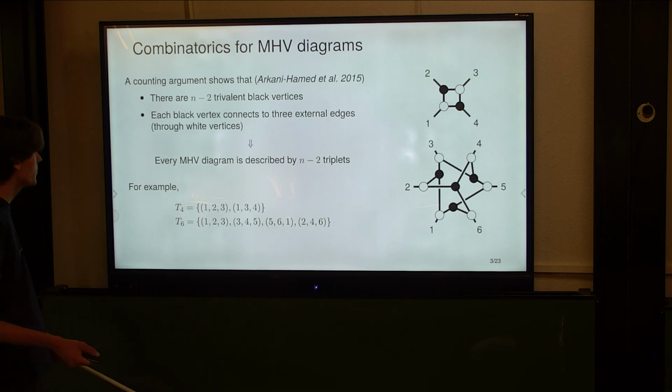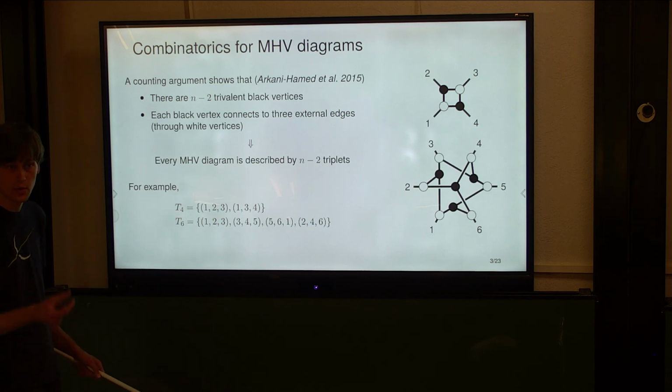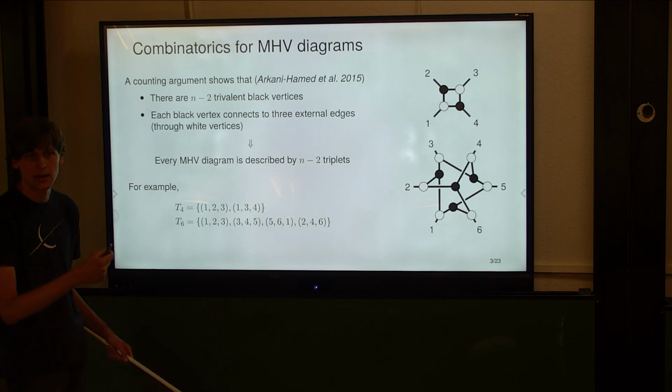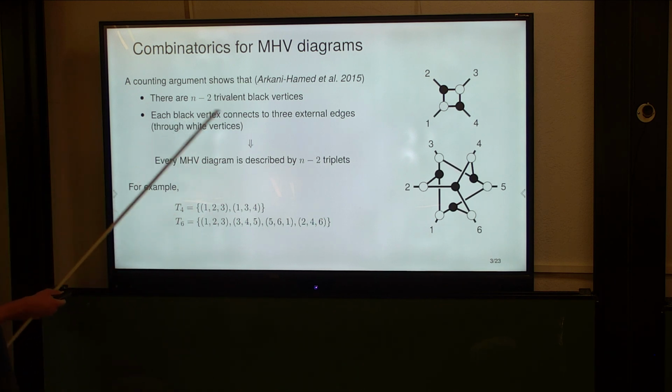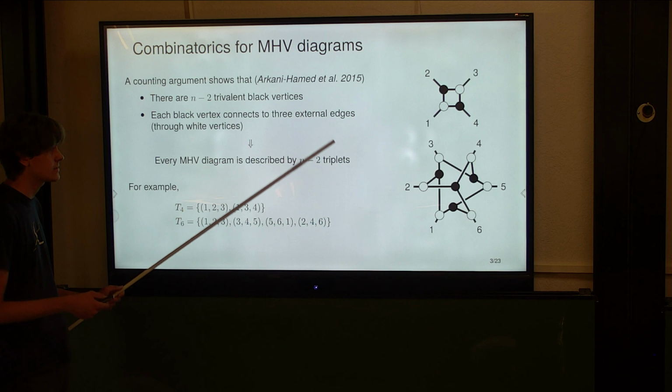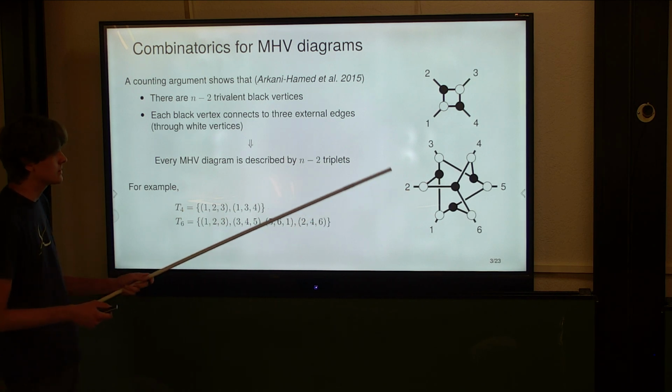What you can show by doing some counting argument, to do with how k, n, and the constraints depend on the number of black vertices, is that there are exactly n minus 2 of them, where n is the number of external edges, and each black vertex connects to 3 external edges through some white vertices.